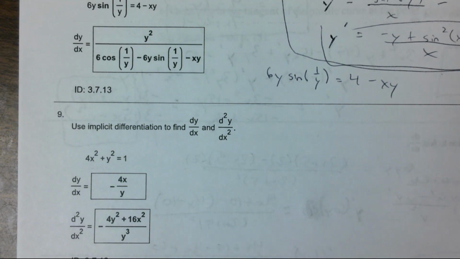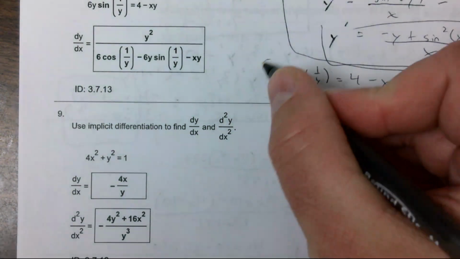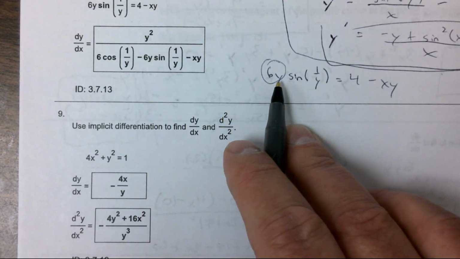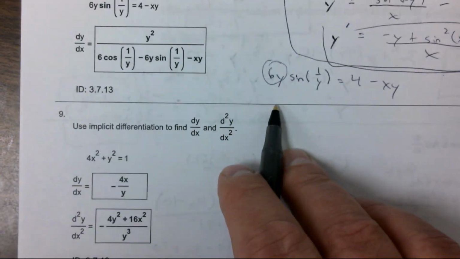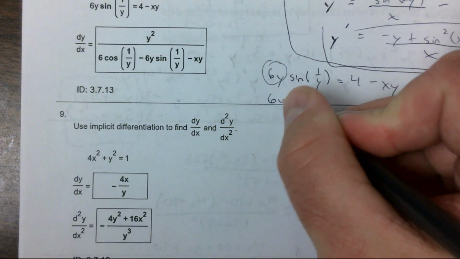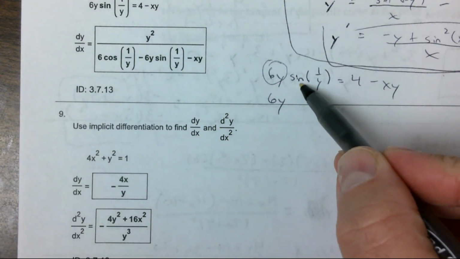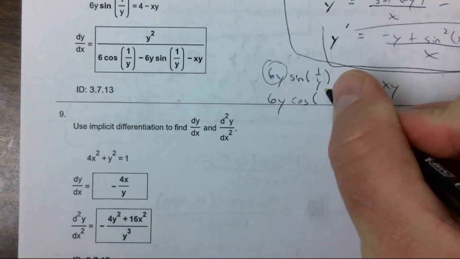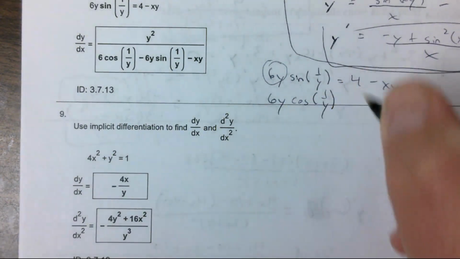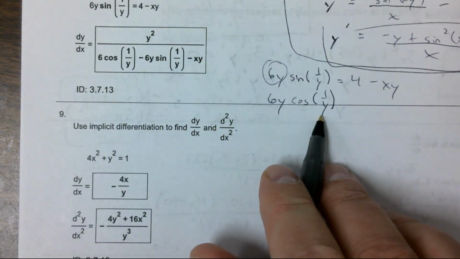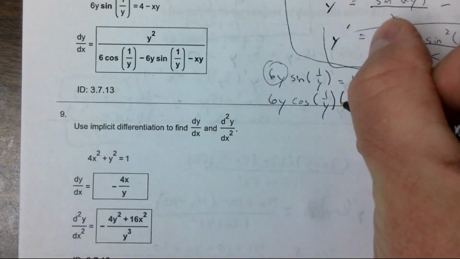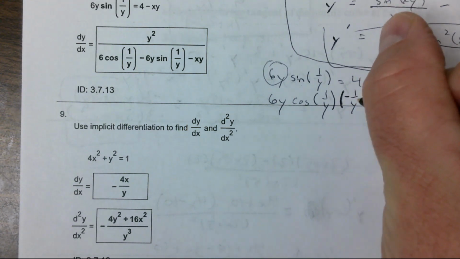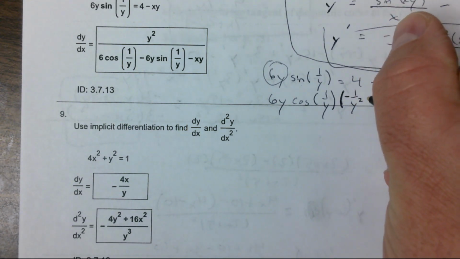We're going to use our product rule. Let's keep the 6y how it is this time, and then take the derivative of sine, it's cosine, keep the 1 over y how it is. Now we need the derivative of that part, which is negative 1 over y squared times y prime.